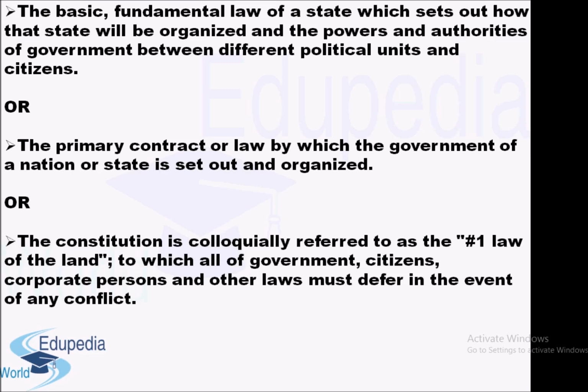Or the constitution is colloquially referred to as the number one law of the land, to which all of government, citizens, corporate persons and other law must defer in the event of any conflict.